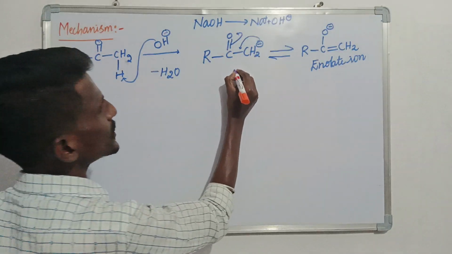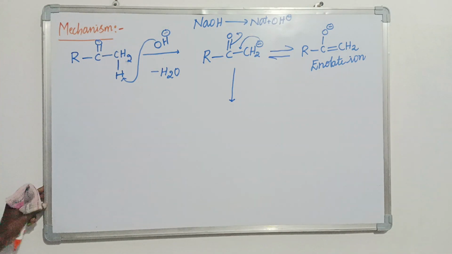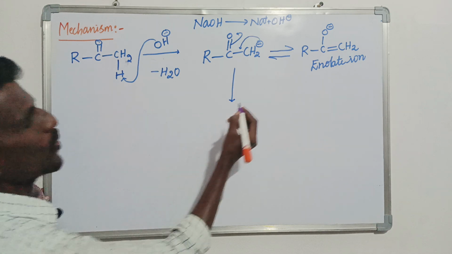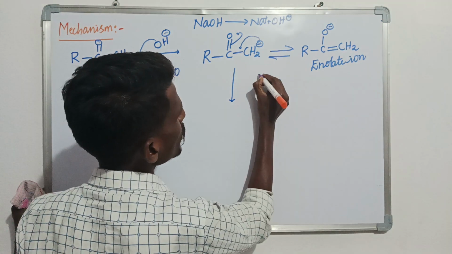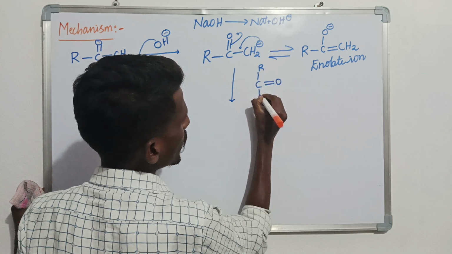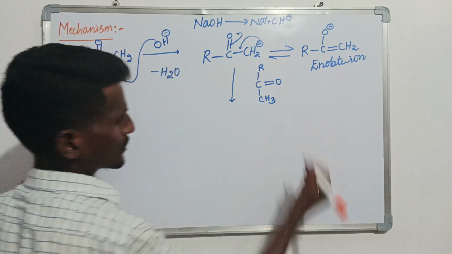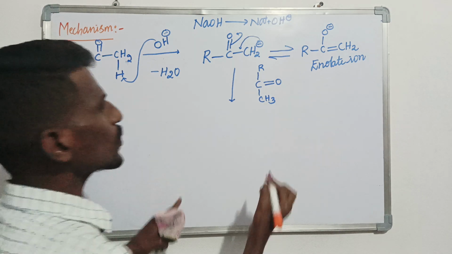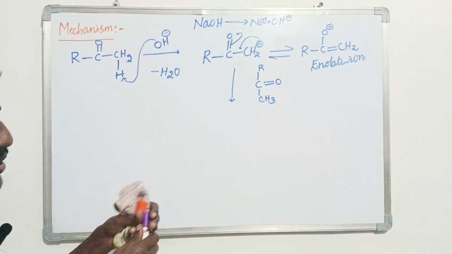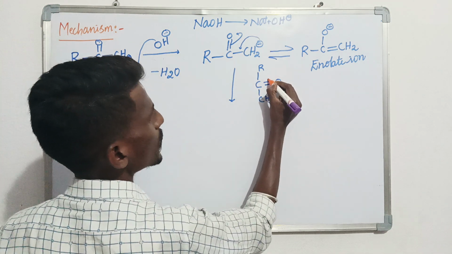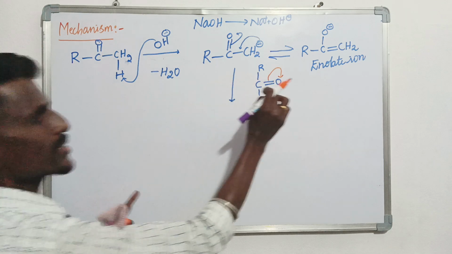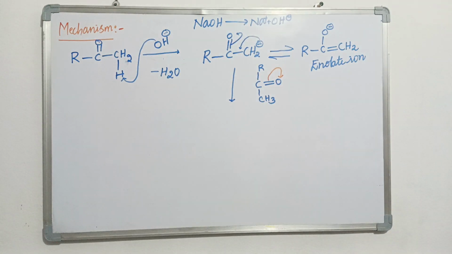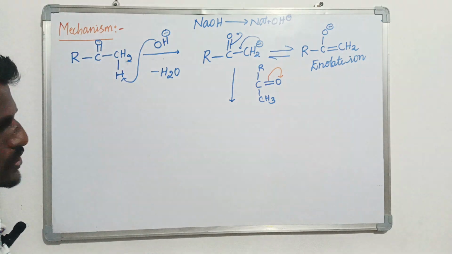So this enolate ion will react with another mole of the carbonyl compound. We will see C double bond O with the R group over here and CH3. I am writing this one. Due to electronegativity, the electrons are shifted towards the oxygen atom. Then the oxygen gets a partial negative charge and the carbon gets a partial positive charge.